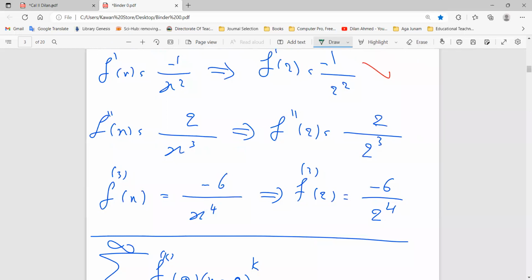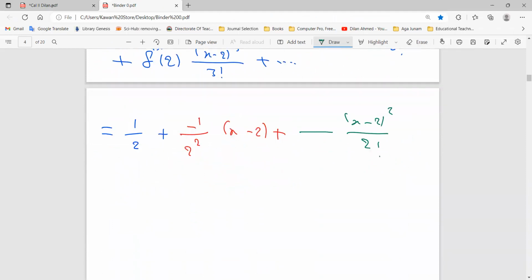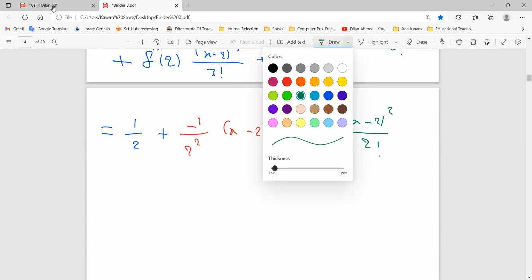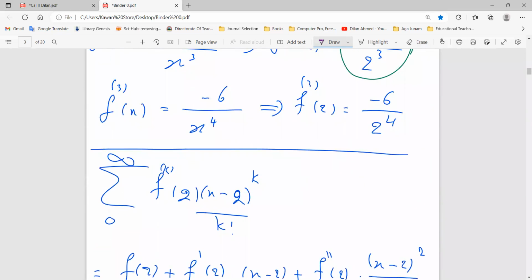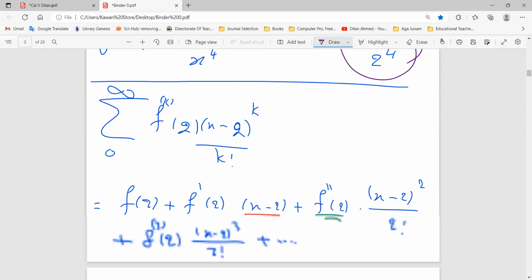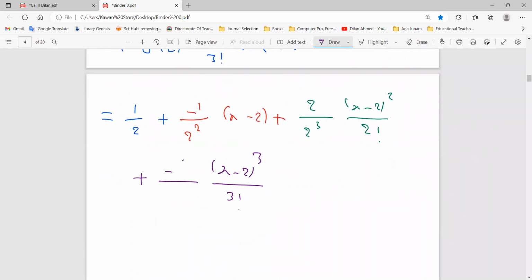I'm going to put f''(2) = 2 over 2 to the power 3. I'm going to make each one its own color to be clear with you. Later, you will see what's going on. So plus, I have (x − 2)³ over 3 factorial. Am I right? Minus 6 over 2 to the power 4.